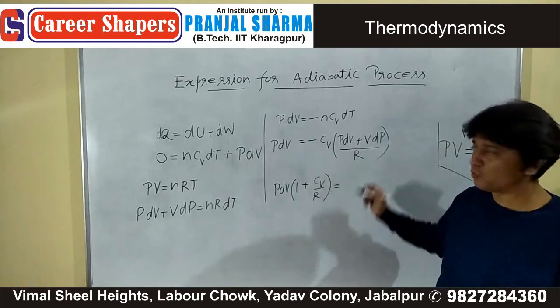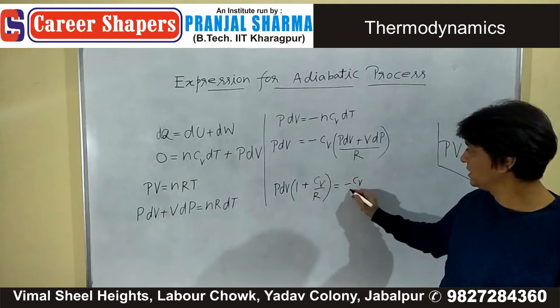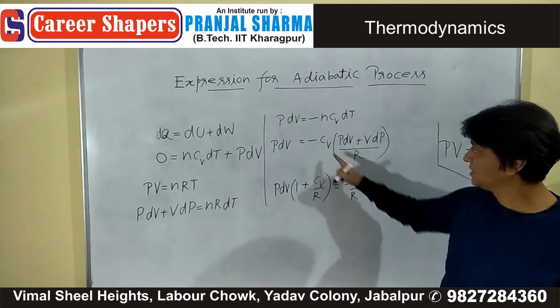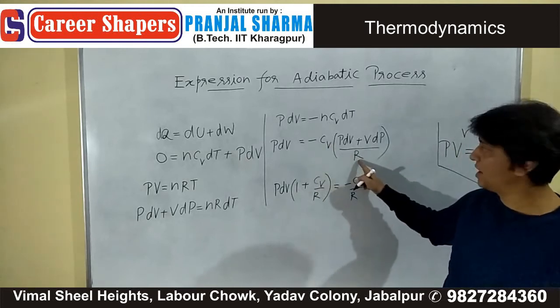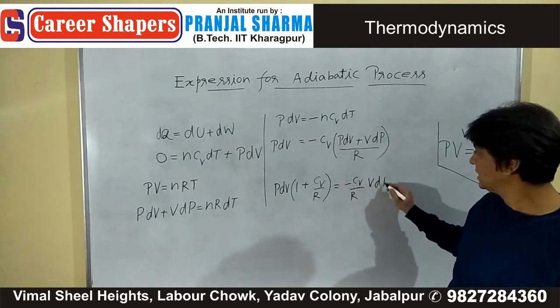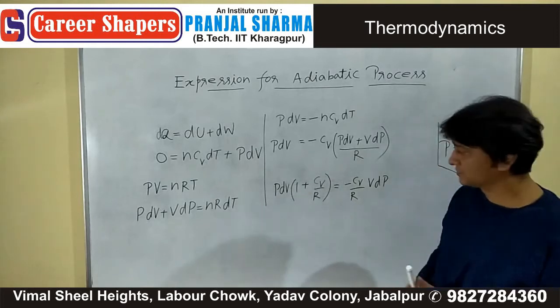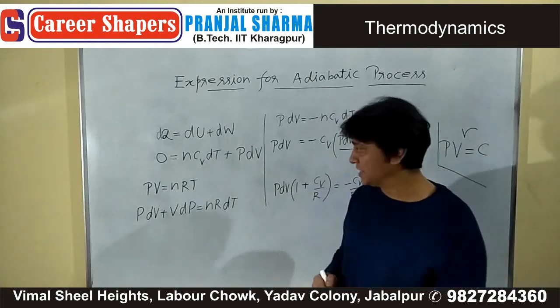And on the right hand side, you're left with minus of Cv divided by R multiplied by V dP. Now, what is the relation between Cp and Cv?